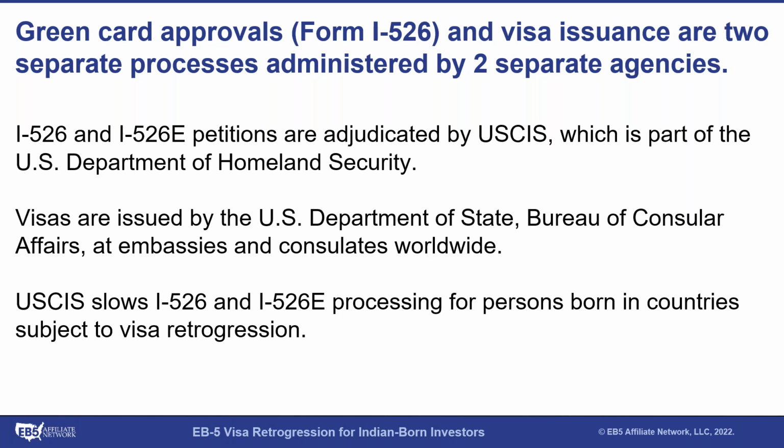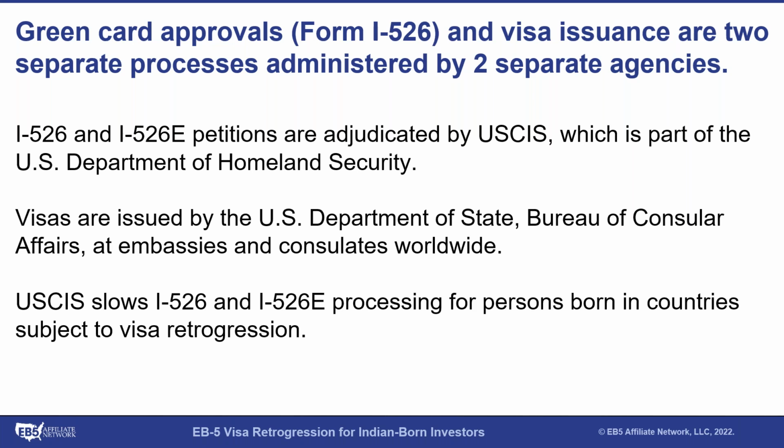A lot of that was because of COVID. So the State Department was not adjudicating petitions, USCIS was not adjudicating petitions. And so you had a huge drop in demand on visa issuances, which is why India became current again. And now, as visas are being reallocated, basically we have more visas that have crossed that 700 threshold, and India is once again retrogressed.